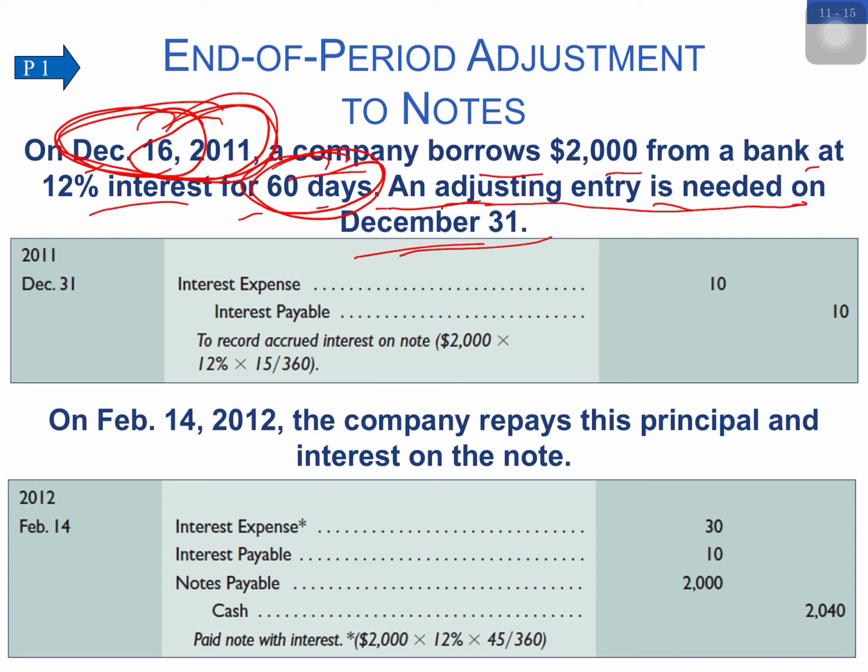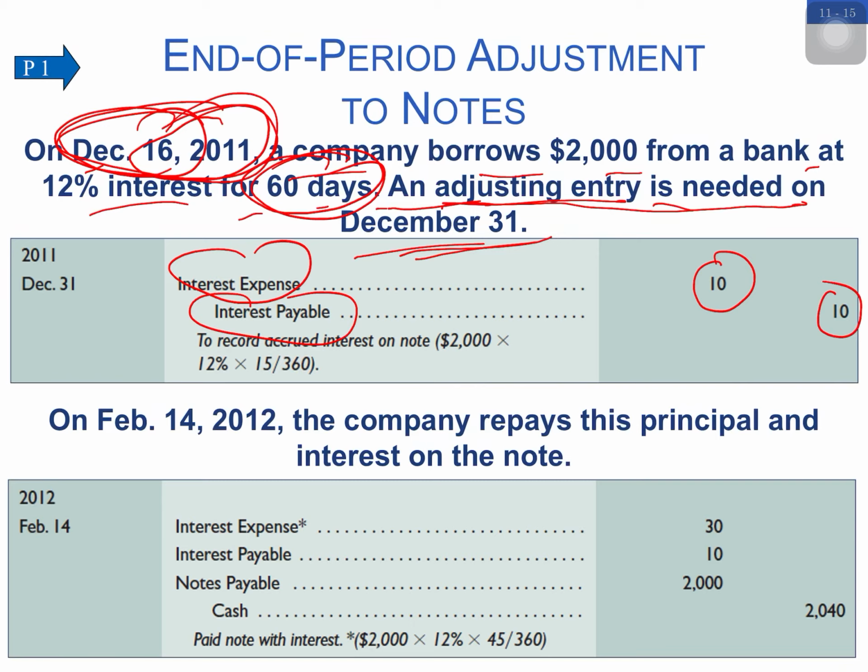Because of that, you have to make the adjusting entry at the end of the year. So how do you make the adjusting entry? You will record interest expense and interest payable, and the amount is $10.